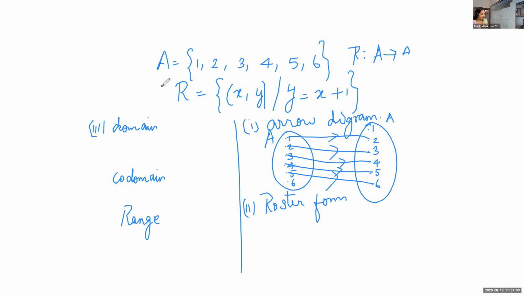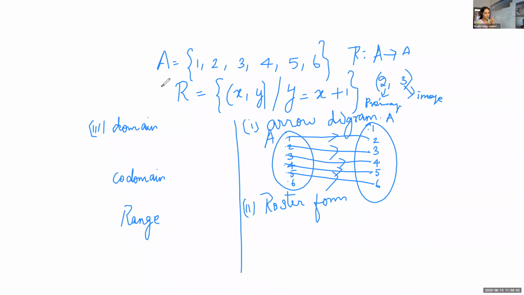So now, Gayatri, can you give the image of 2? Suppose 2 is mapped onto 3. So what is the image of 2? Yes, 3. So the second element we call the image. The first element we call the pre-image.